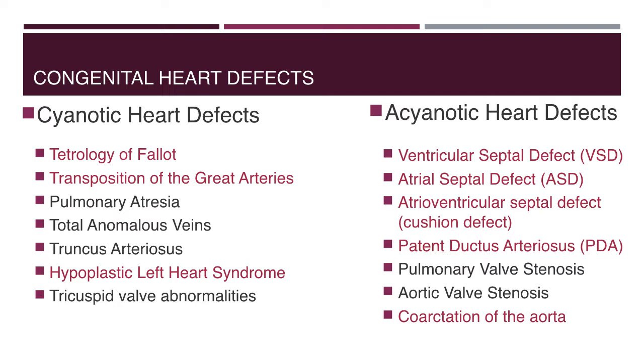A child that has a cyanotic defect is in a situation that, because of the shunting that's going on in their heart, no matter how much oxygen I give them, I am not going to be able to increase their oxygen saturation, and they're going to be cyanotic no matter what.